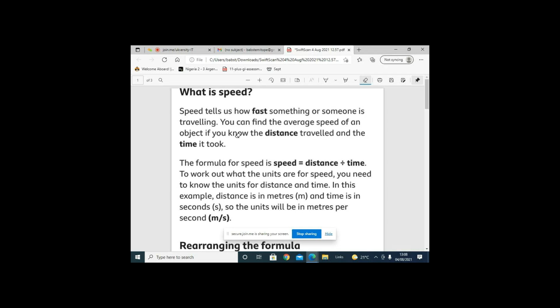So the formula for speed is distance divided by time. You have to note that it's distance divided by time. To work out the unit for speed, you need to know the unit for distance and time. Most times, the unit for distance is meters.